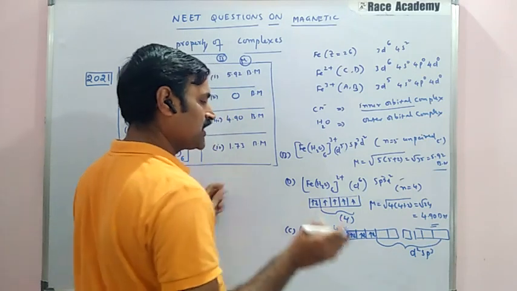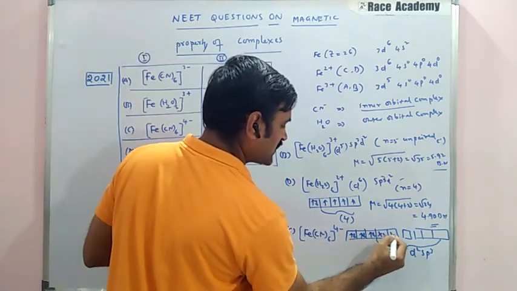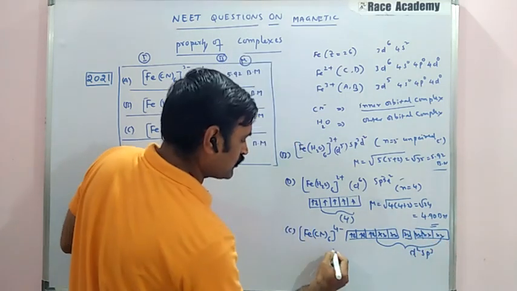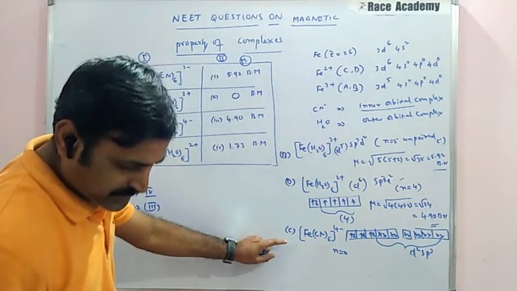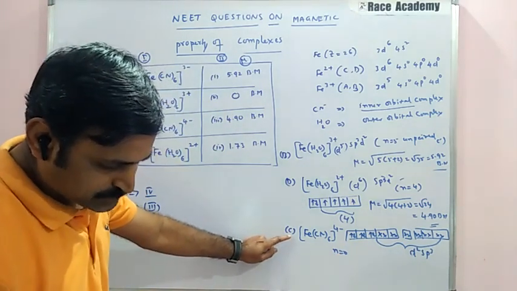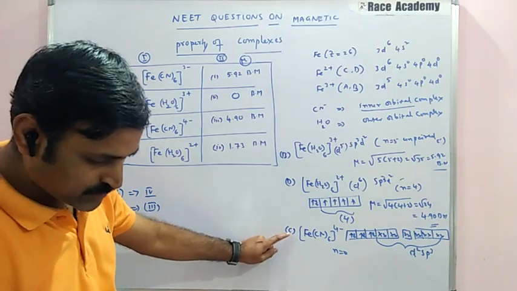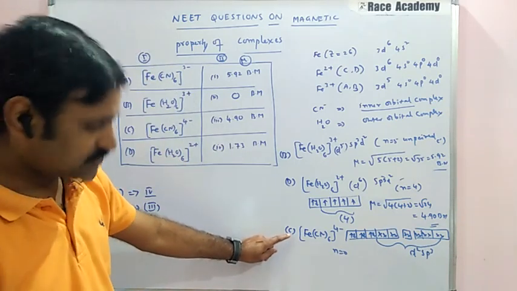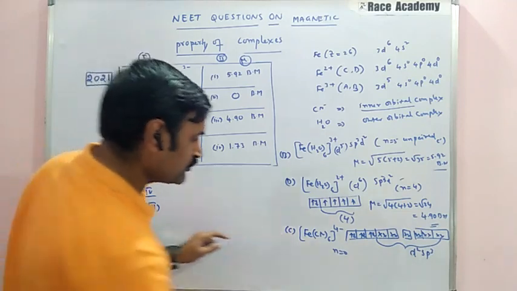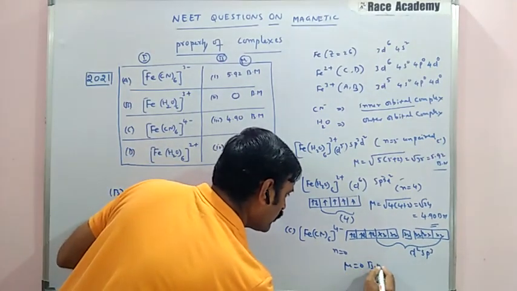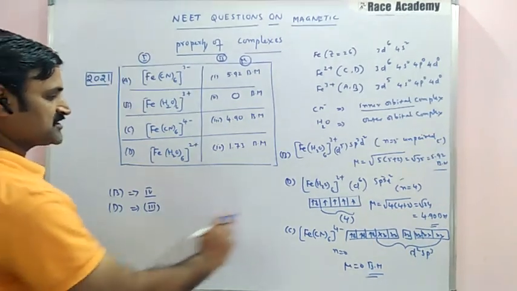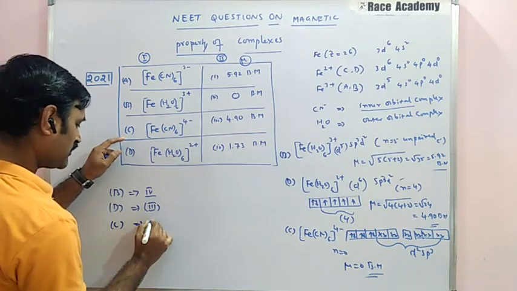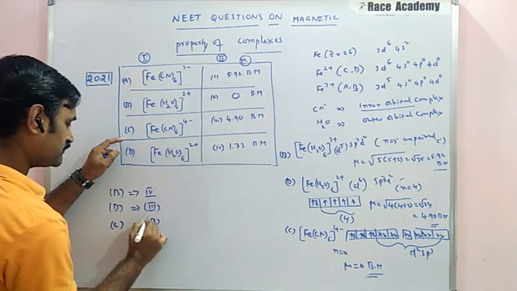All the orbitals are completely paired up, so no unpaired electron is noticed. Hence the mu value is 0 Bohr magnetons for Fe(CN)6 4 minus. So C is 2.